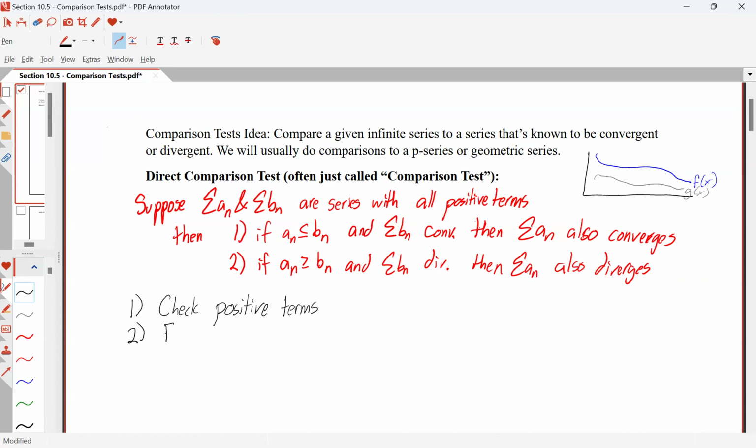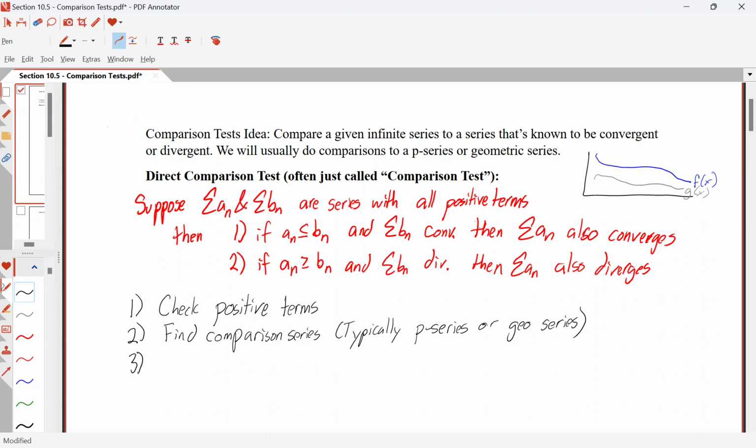Second, we want to find a comparison series. This is typically a p-series or a geometric series, as stated earlier. So we're going to look at our series and see, is there a geometric series or a p-series that this is kind of close to, that this is kind of reminiscent of?